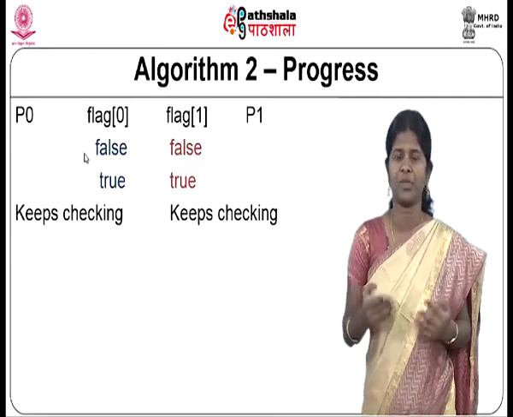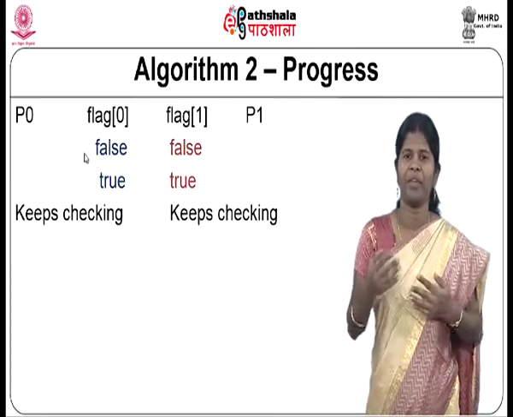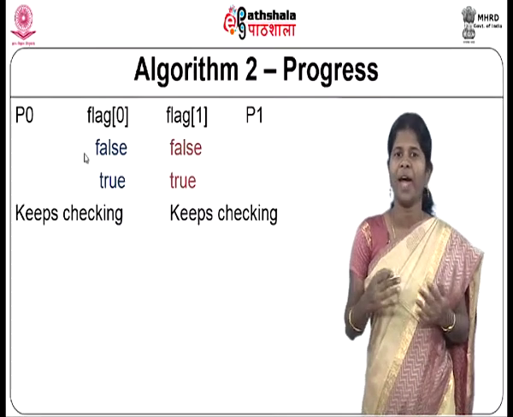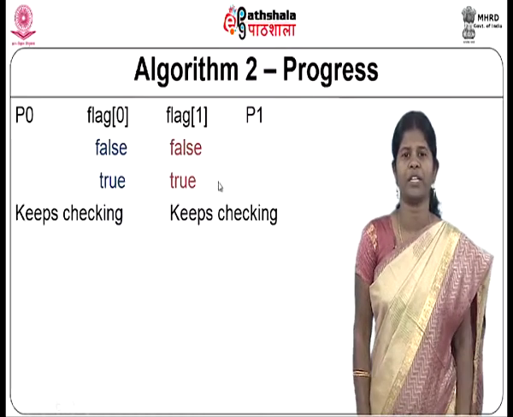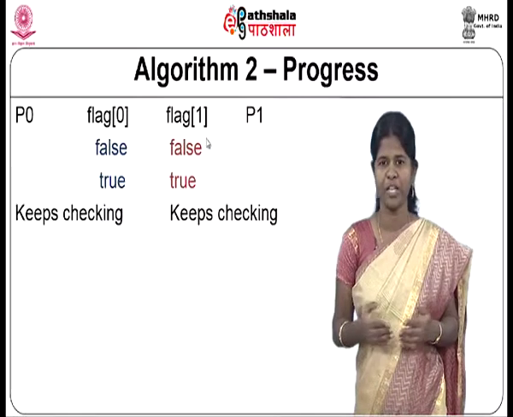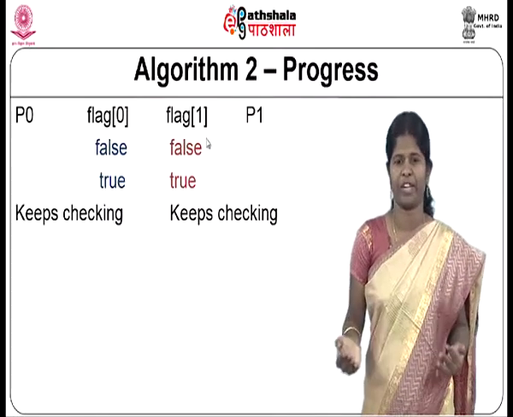Now we find that process P0 and process P1 are continuously checking flag of 0 and flag of 1 and they find them to be true and both of them do not enter the critical section. And this goes on indefinitely. Both the processes cannot enter the critical section, they are in the entry section indefinitely.